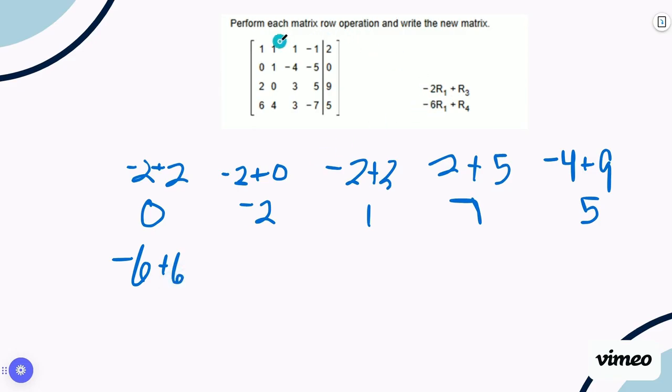And then -6 times 1 is -6 plus 4. -6 times 1 is -6 plus 3. -6 times -1 is going to be +6 plus -7. And then last we'll have -6 times 2 is going to be -12 plus 5.